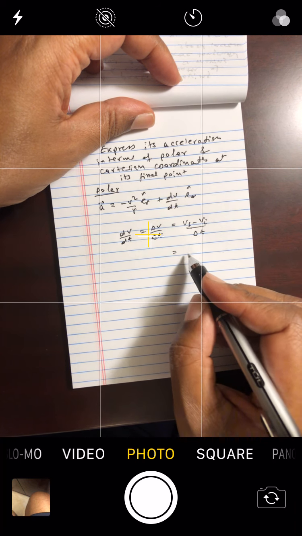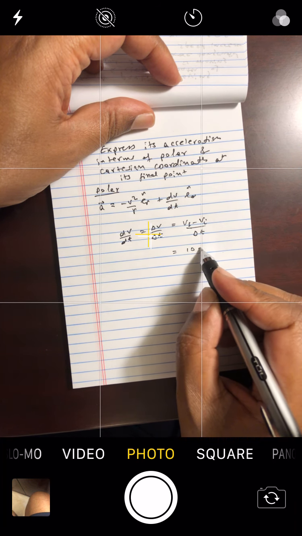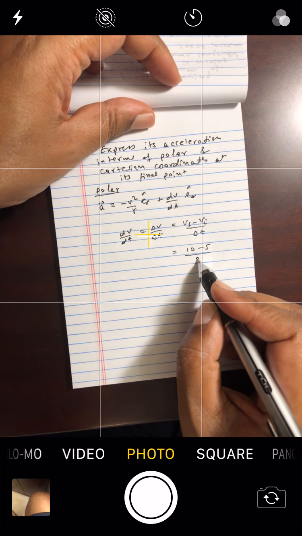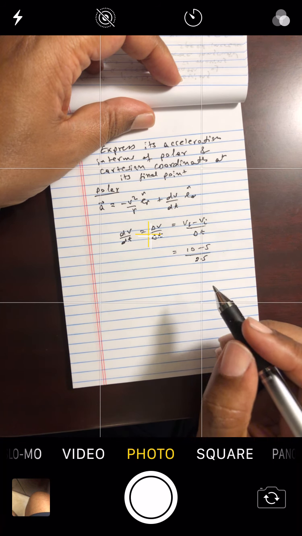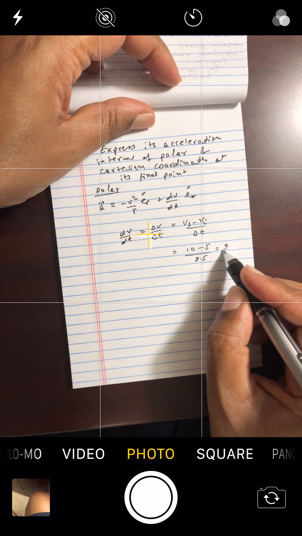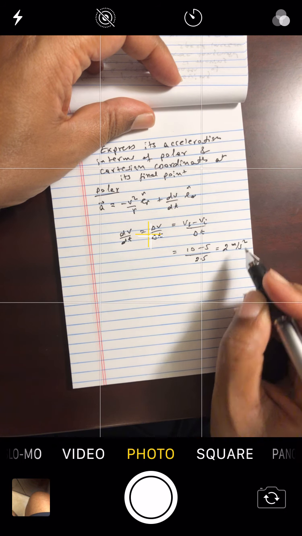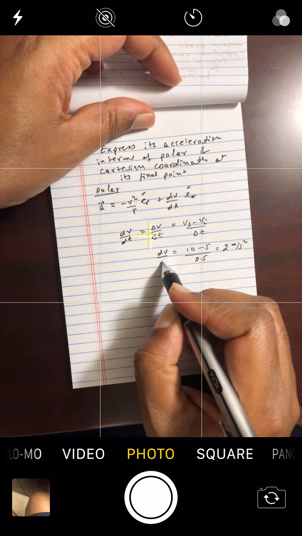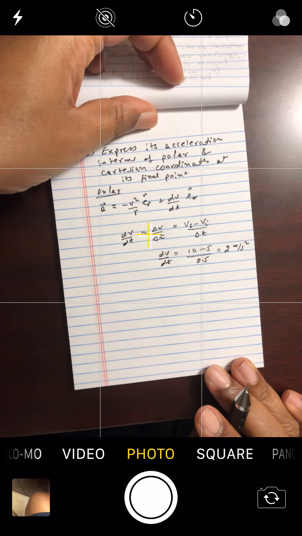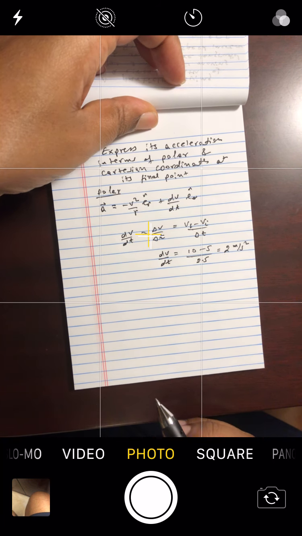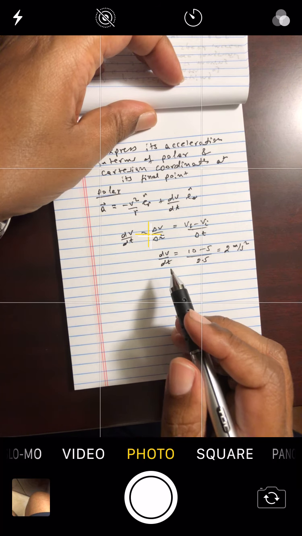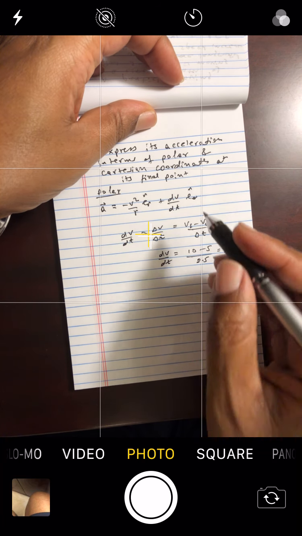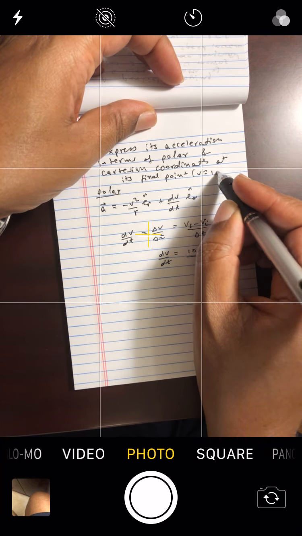So that is 10 minus 5. That happens in 2.5 seconds, right? So that is 2 meters per second squared. So this is dv by dt. The tangential acceleration is 2 meters per second squared. So now we know the speed is 10 at the final point. Okay, at the final point v equals 10.